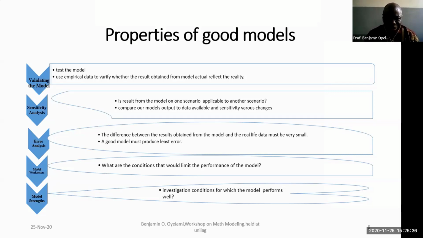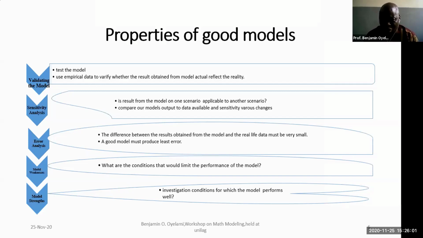So then you must know the weakness of the model. What are the conditions that limit the performance of the model? So that you can know that this model can only be applicable under certain conditions, and those are the strengths. Anything outside that condition, the model cannot be applicable.